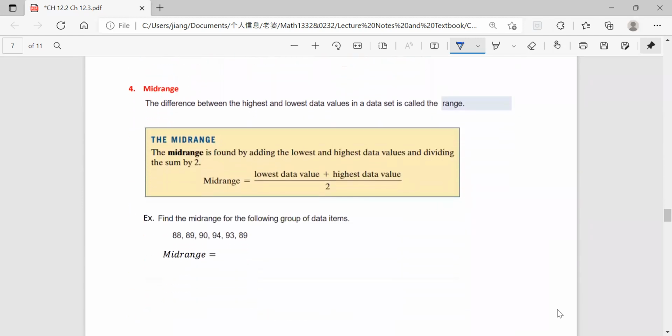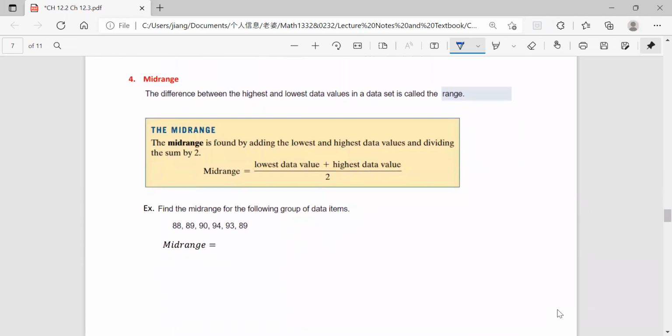Let's move on to the next one, mid-range. We will learn range next class, so if you don't want to memorize it, you can cross it out because we will learn it in chapter 12.3. Let's see the definition of the mid-range.